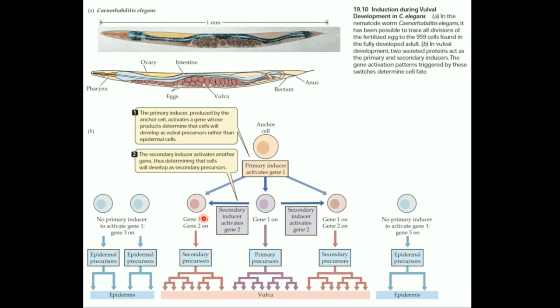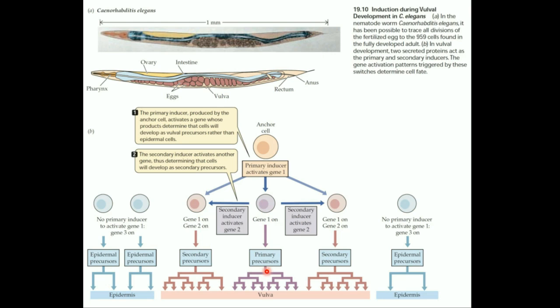Now, these cells in turn, these ones out here, will activate or upregulate gene 2, the cells, these here on the outside, but this cell won't because of exactly where it is. And we can follow these cells through development. We can see that these here become secondary precursors, and these ones in the middle become the primary precursors.